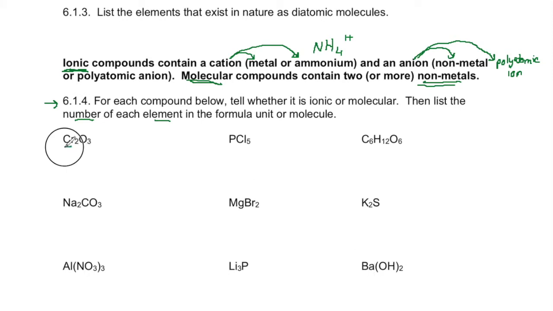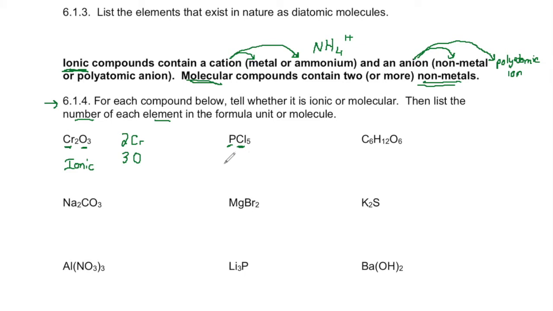All right, we have chromium, which is a metal, the cation, and the nonmetal being the anion. This is ionic, and it has 2 chromium and 3 oxygen. This one has phosphorus, which is a nonmetal, and chlorine, which is a nonmetal. So these can't be ions because then all the charges would be negative and there would be nothing positive inside this compound.